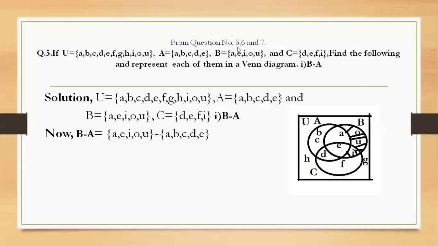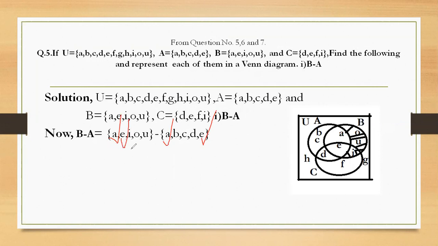What is the meaning of subtraction? Look here. When you subtract the sets, what are the same elements here and here? A is the same. Another, E is also the same. What are the remaining elements in set B?